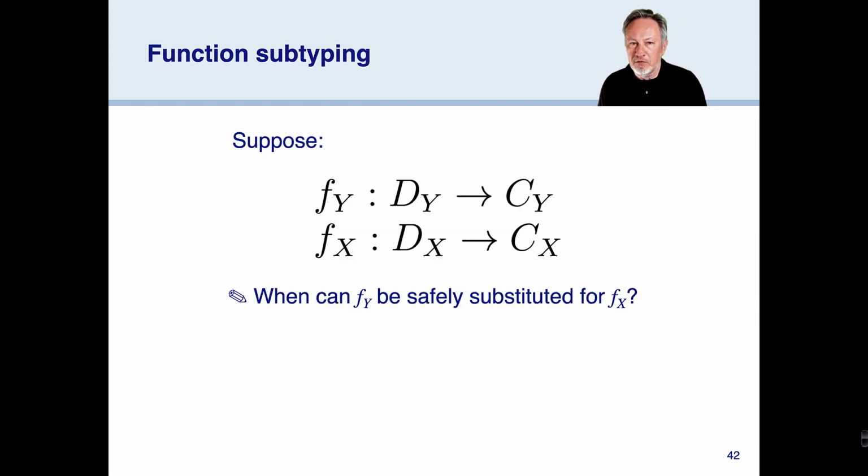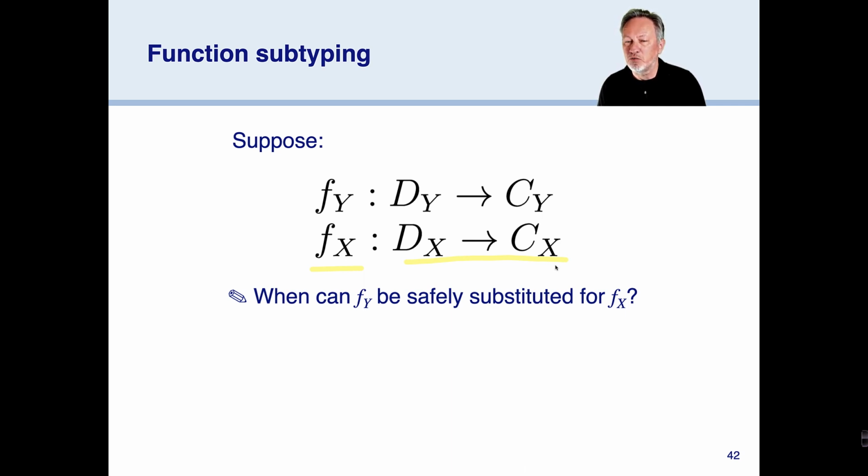Okay, let's look at functions and subtyping. So suppose we have a function f sub x, and it takes instances from the domain dx and maps them to the range cx.